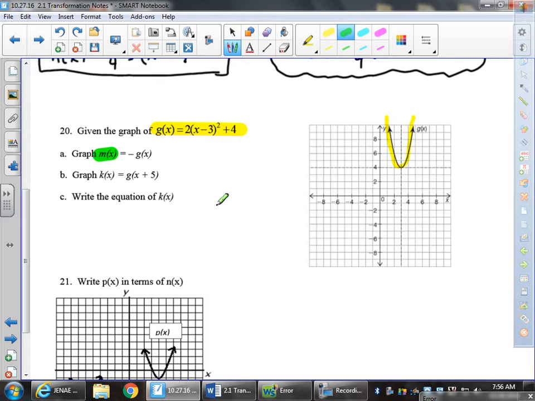So before we start trying to think of what we're going to graph, what does this mean? What's been done in words? It's reflection over the x-axis? Very good. Reflection over the x-axis.